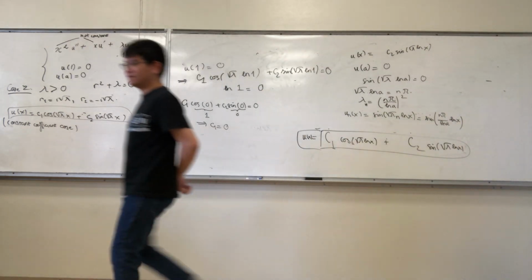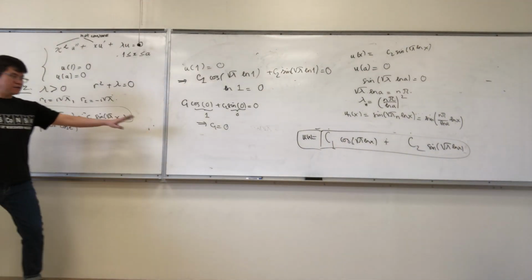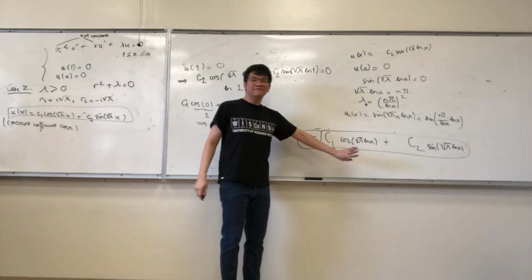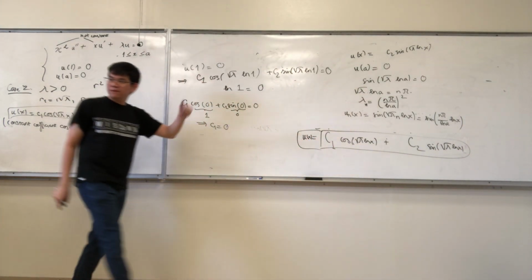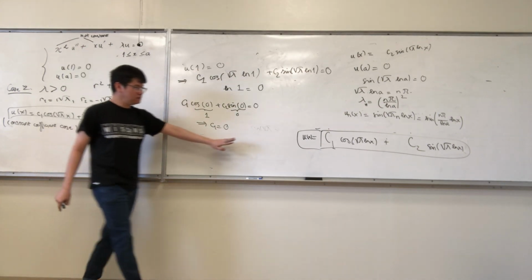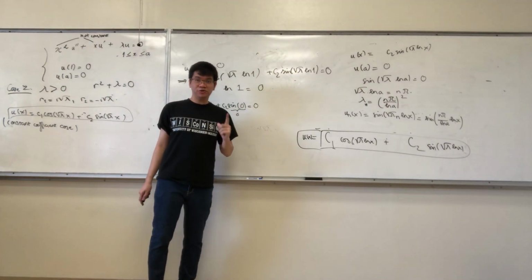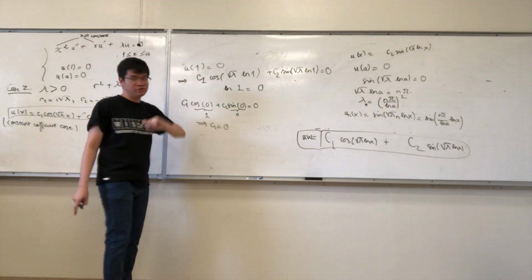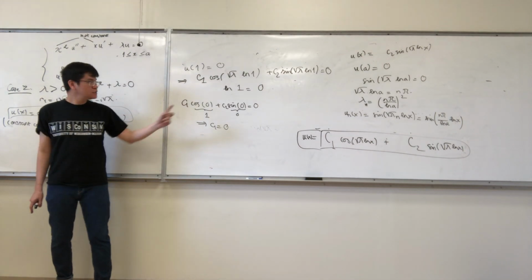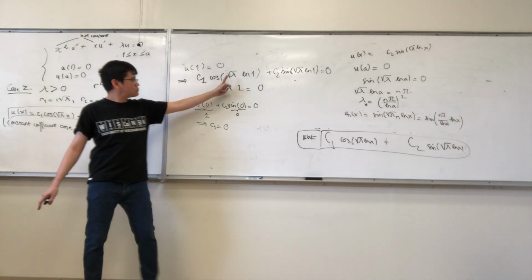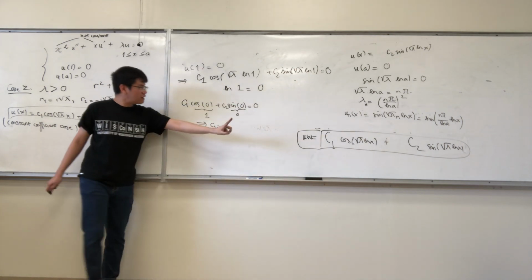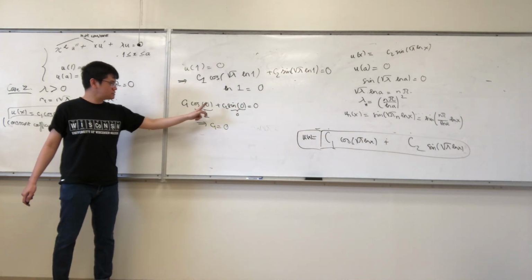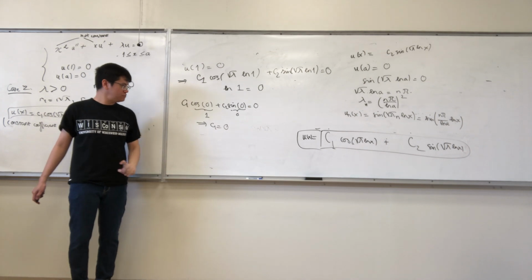So I explain again. You have this general formula that you can use in the exam without proving it. Now you plug this formula into the boundary condition. The first boundary condition is u(1) is 0, so c1 cosine of 0 plus c2 sine of 0 is 0.